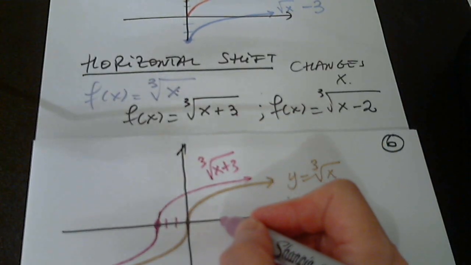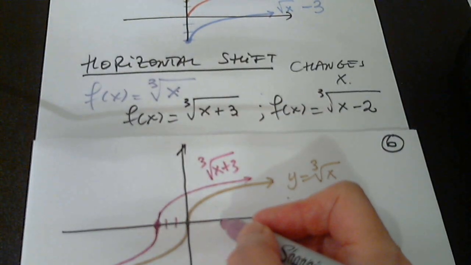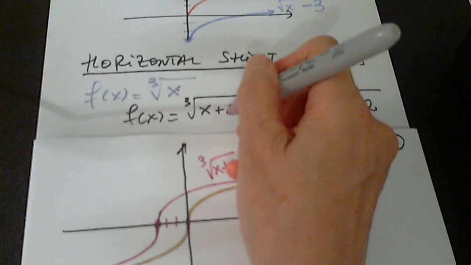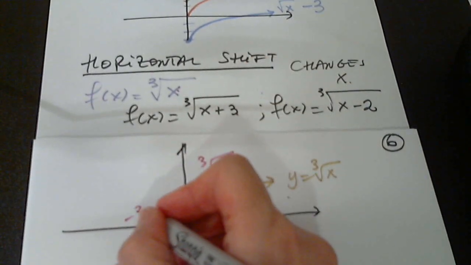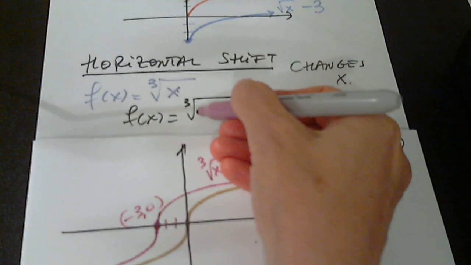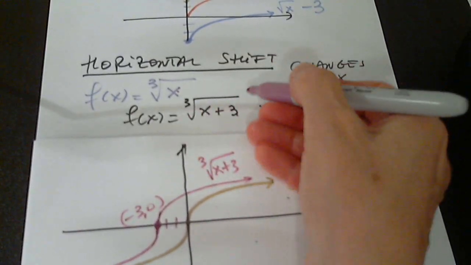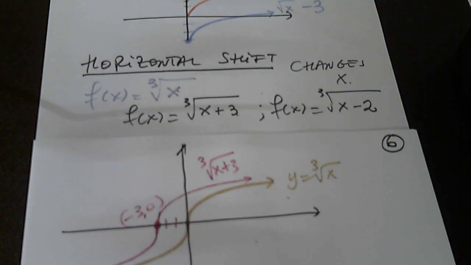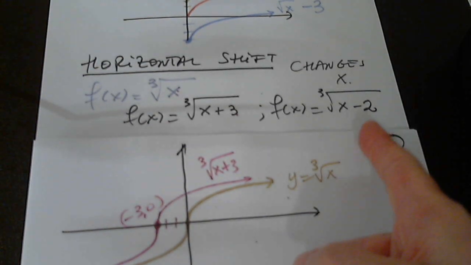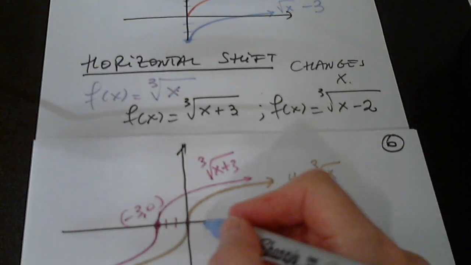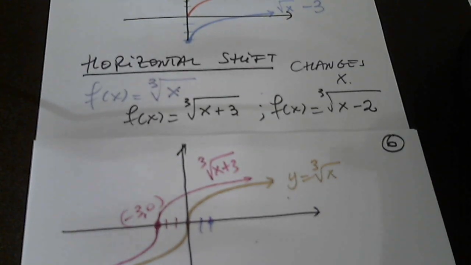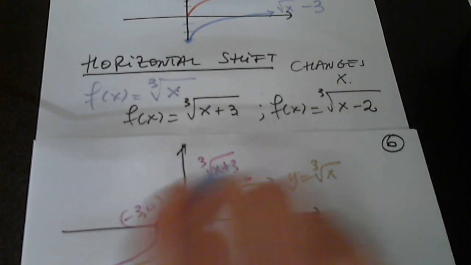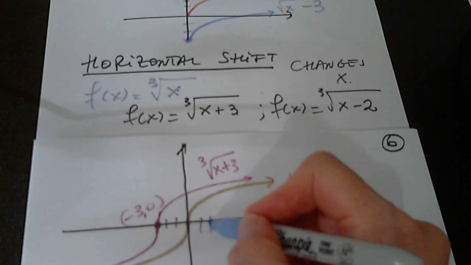Here at 3, 3 plus 3 is not 0. So the x-intercept for this is right here at -3, 0. -3 plus 3 is 0. The cube root of 0 is 0. The other one, as you told me already, has the x-intercept at 2. So here it is. It shifts this graph to the right 2 units.